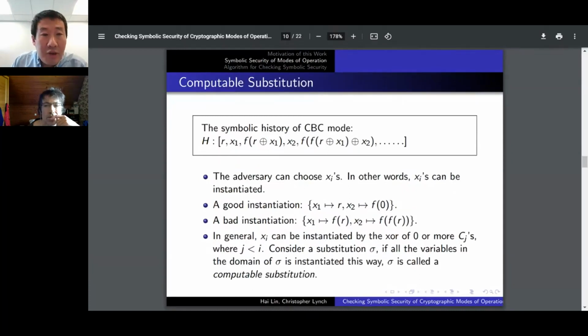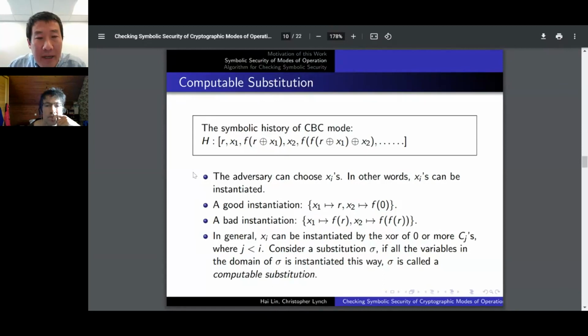There's also this notion of computable substitution. So if we consider this symbolic history of CBC mode, all of the Xi's can be instantiated. And here's an example of a good instantiation.